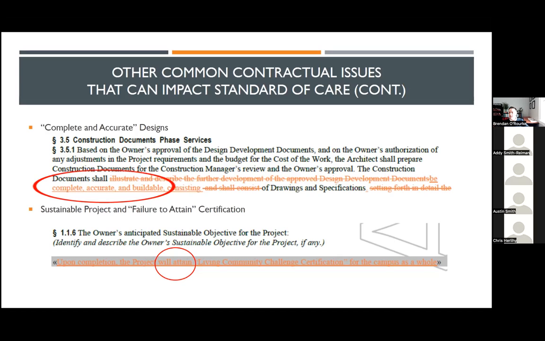I've seen claims based on language similar to this before, and there's not much you can do without getting into the slippery slope of, well, you guaranteed us the results. Be cautious of that. If I see language like this, I usually modify it to say, the design professional will endeavor to achieve a certain certification at the end of the project, not will or shall.